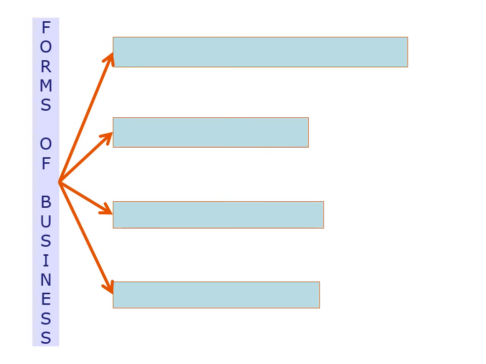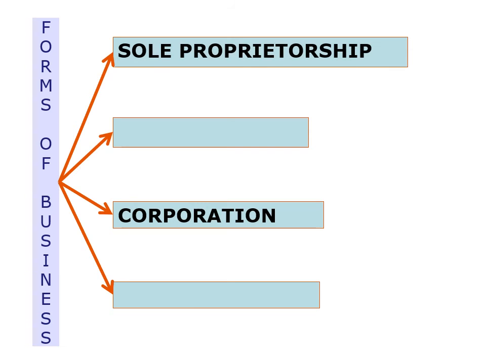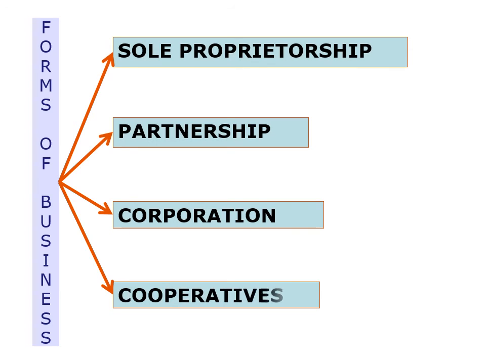Okay, now we go to the next topic. The forms of businesses. Corporations is Sendirian Berhad or Berhad, sole proprietor, the partnerships, and also the cooperatives. So sole proprietorship is one owner.